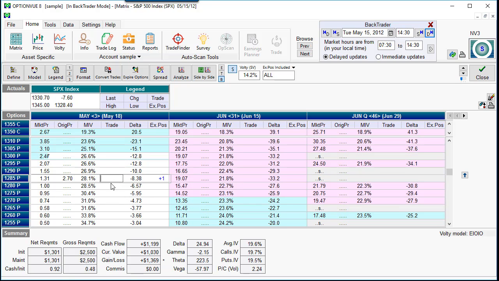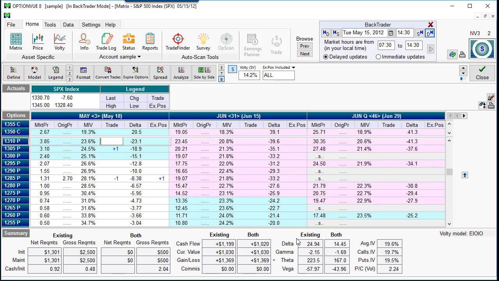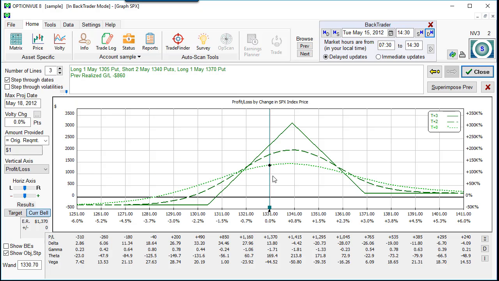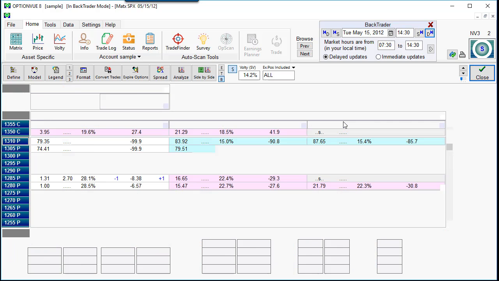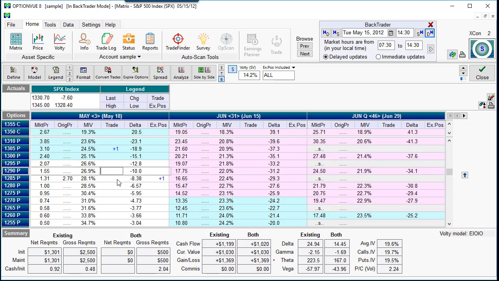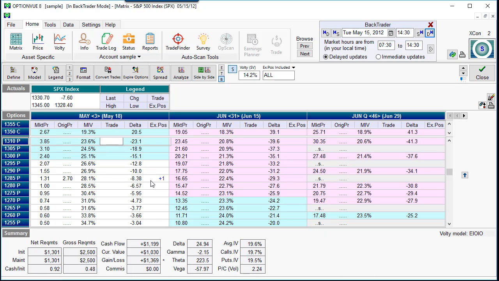If I'm going to move these puts far out of the money to cut my delta in half, well, that's what I have created, and now I can absorb an equal move one way or the other while still holding out for the home run trade, or the triple, if you will. The reality is if you're getting this close to expiration and you haven't already closed it up, please highly consider to do so. But let's just keep rolling forward.